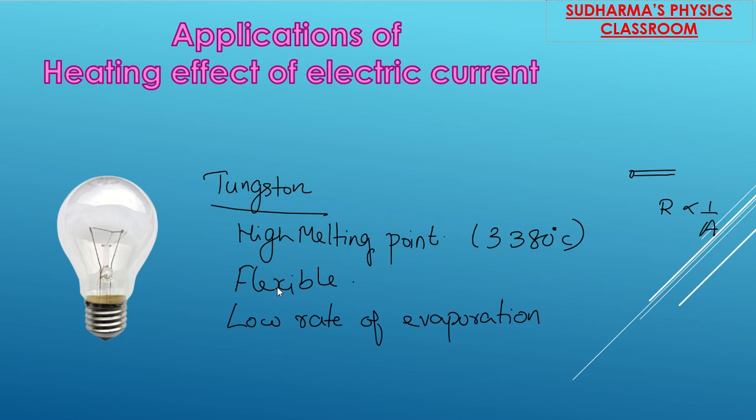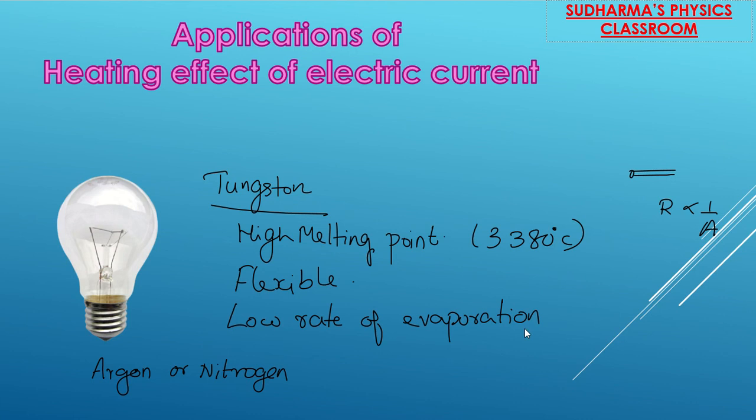Normally unreactive gases like argon or nitrogen are the common gases filled in these filament bulbs. Why do we have to fill the glass tube of the tungsten filament bulb with inert gases? Because if it is not filled, there is a chance for the tungsten to get oxidized, react with oxygen, and catch fire at that very high temperature.